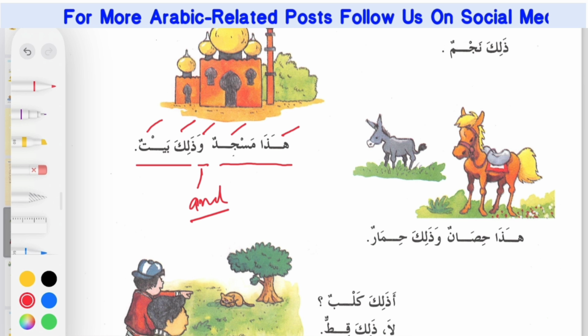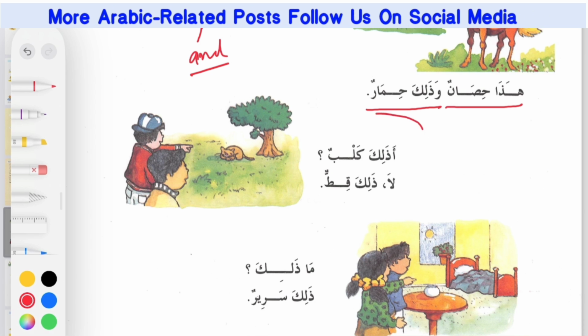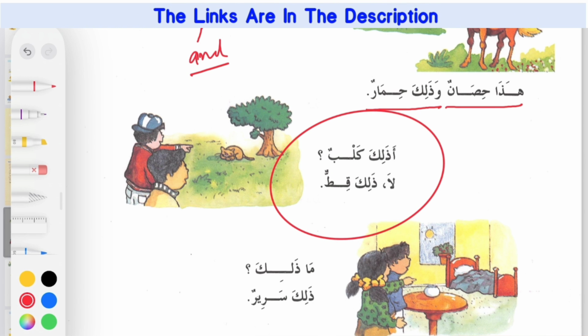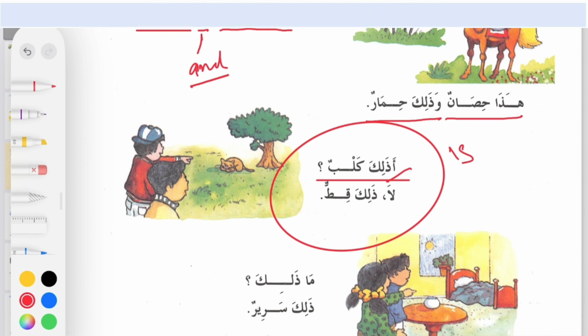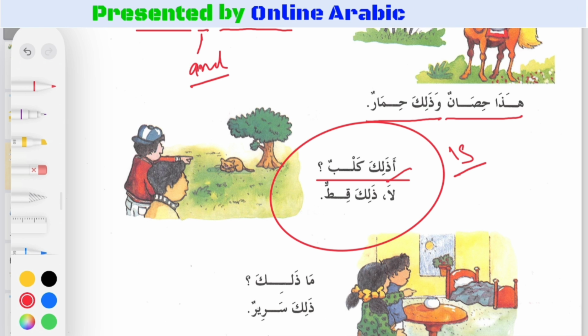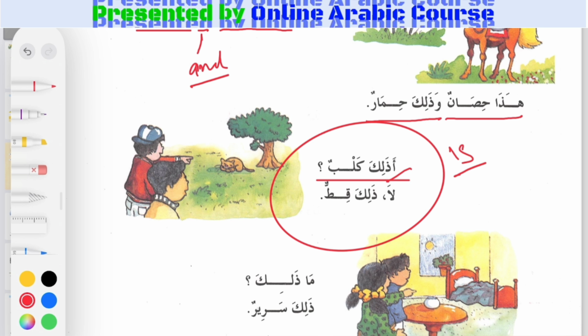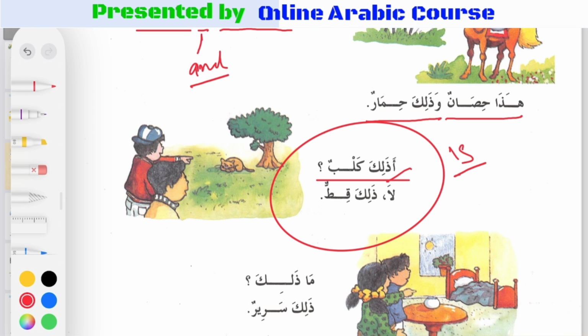We have understood this one also in the first lesson. And then a dhalika kalbun. A means is. If you know another word to translate this word a in English language, please write down in the comment box, and if you don't know, please watch the first video because I have explained there how you translate the word a in the nominal sentences.